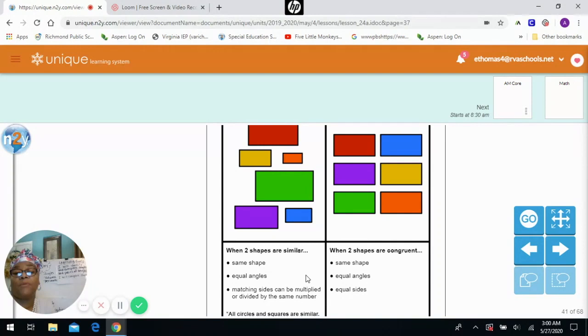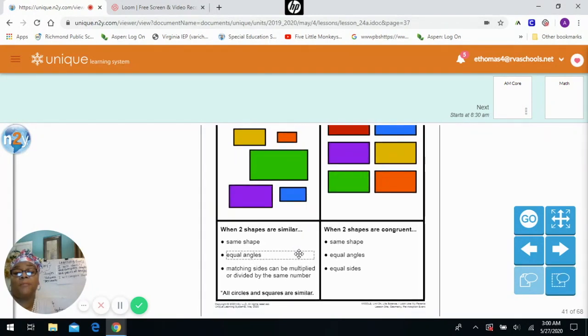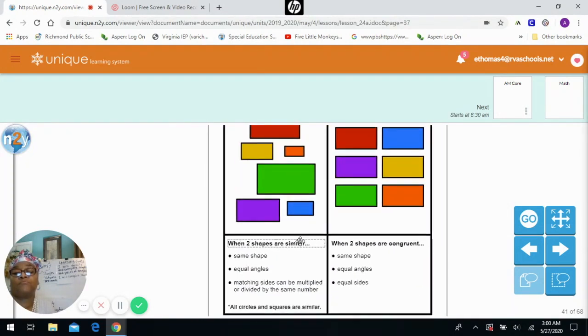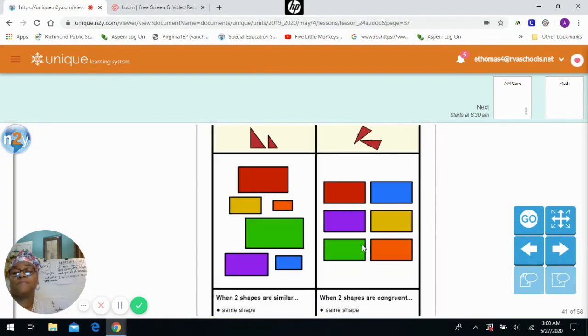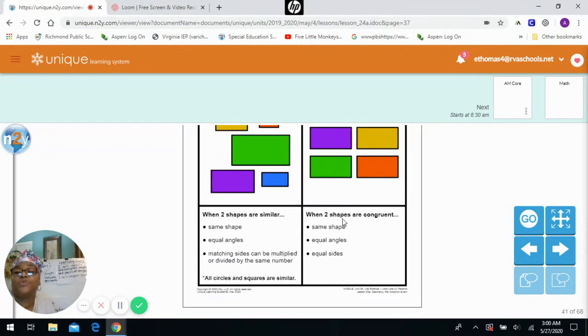Matching sides can be multiplied or divided by the same number. All circles and squares are similar. And congruent shapes is when two shapes are congruent. They have the same shape, equal angles, and equal sides.